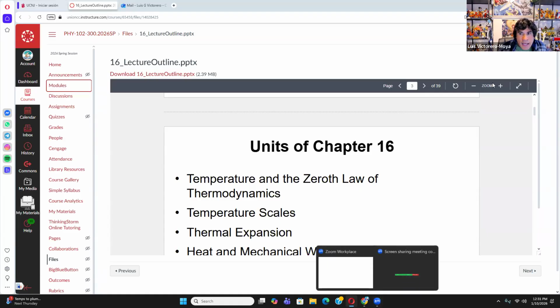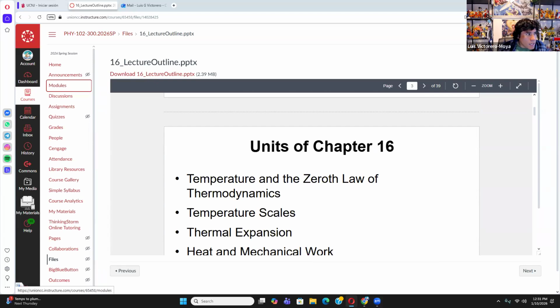The idea with this lecture is to go over some of the basics, some of the parameters and terms that you are going to be learning and reading in your textbook and on the slides.